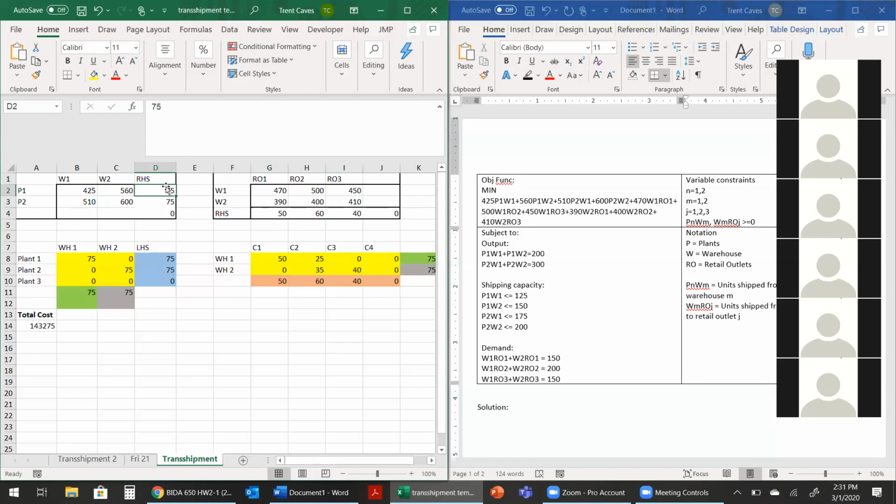And then our right-hand side is our output and demand requirements. So our output for plant 1 is 200 and 300 for plant 2. And then across the bottom, demand 150 for outlet 1, 200 for outlet 2, 150 for outlet 3.